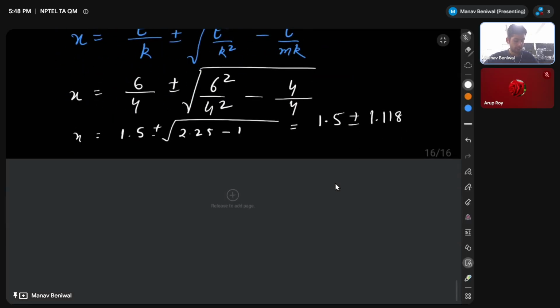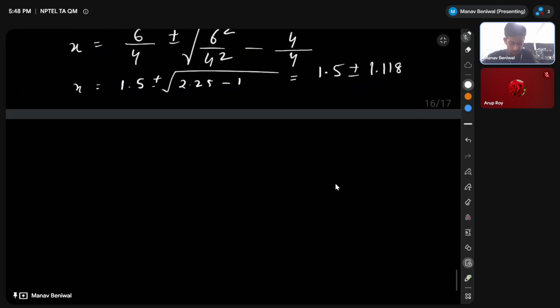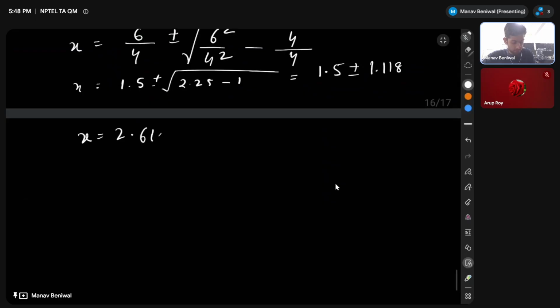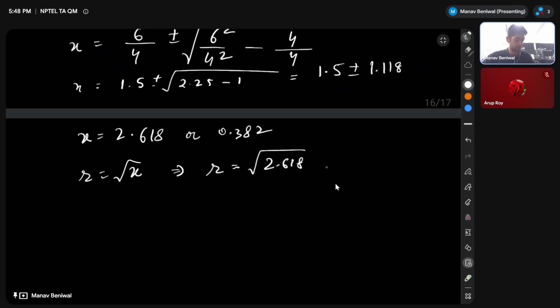So I get two values of x. If I add, I get 2.618, or I get 0.382. Now because r is under root x, I get r as under root 2.618 or under root 0.382.